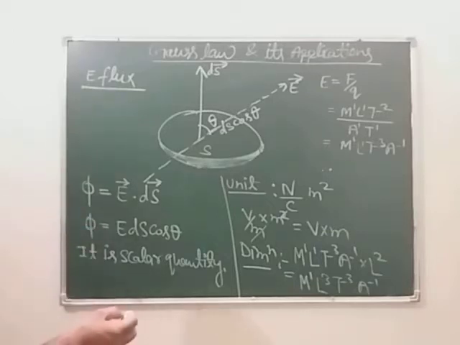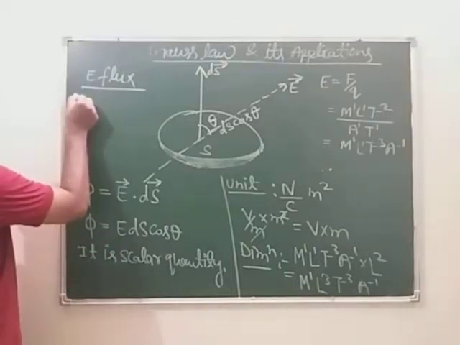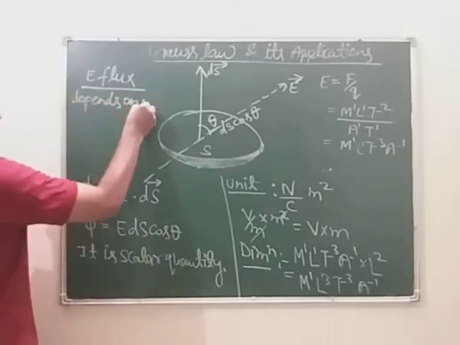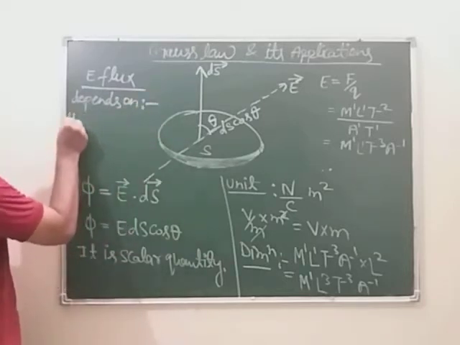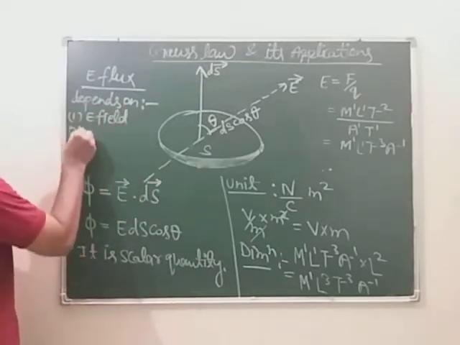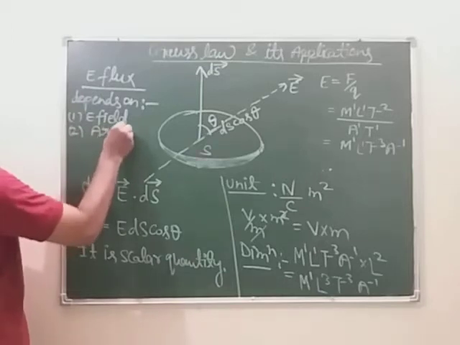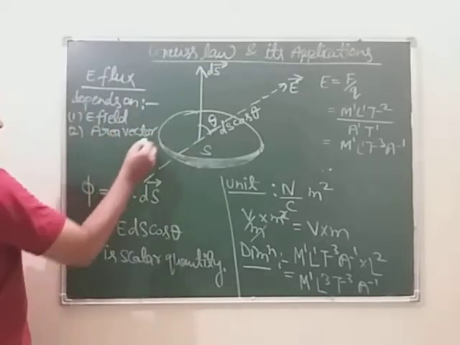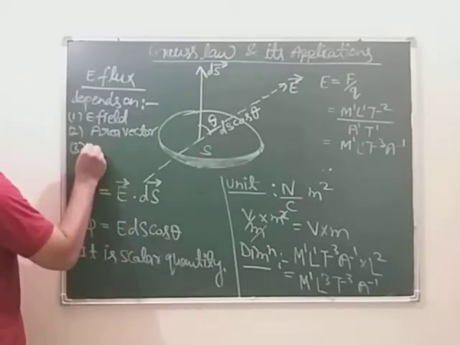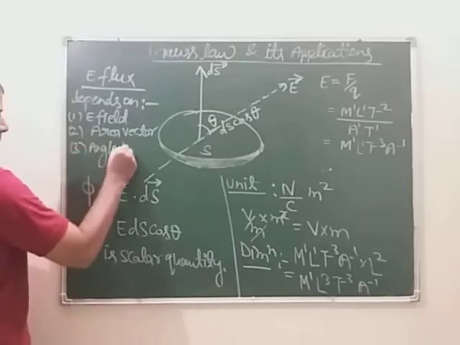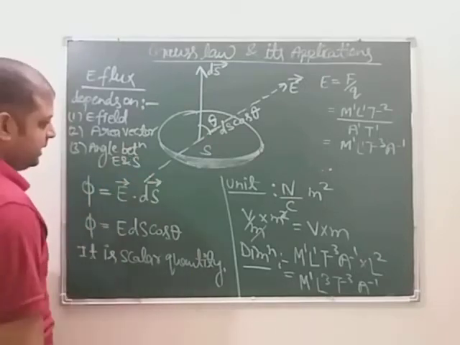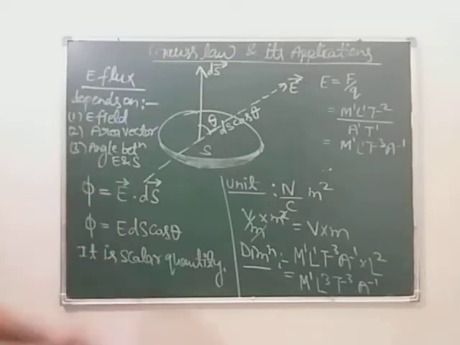According to the formula, electric flux depends on: first, electric field; second, area vector; and the third one is the angle between them, the angle between E and S, where S is area and E is electric field.